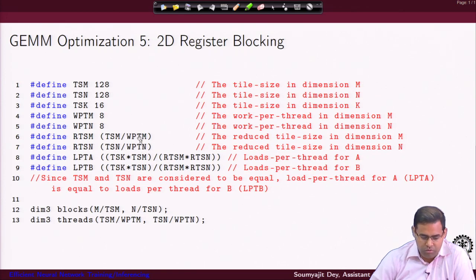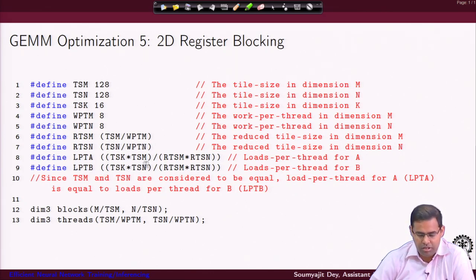So, once this is done, then I can define the amount of data load that each thread has to do for the A and B matrices. In this simplistic case, we will consider the two of them to be the same here. So, LPTA is nothing but the overall tile size for the m cross k matrix divided by the reduced tile size in dimension m multiplied by the reduced tile size in dimension n, right. So, that gives you the loads per thread for A. Similarly, what happens to loads per thread for B?